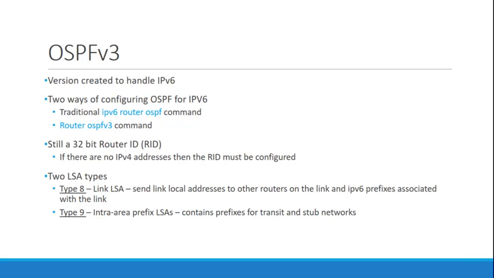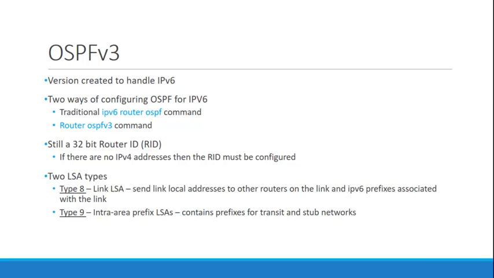It tries to find its router ID first from one you've manually configured, then the highest IPv4 loopback interface, then the highest active IPv4 interface. If there's no IPv4 on there, we have to have a router ID. If we don't have a router ID, the process will never start up.